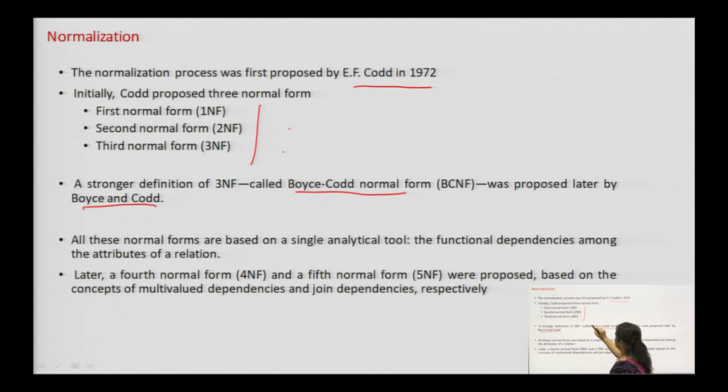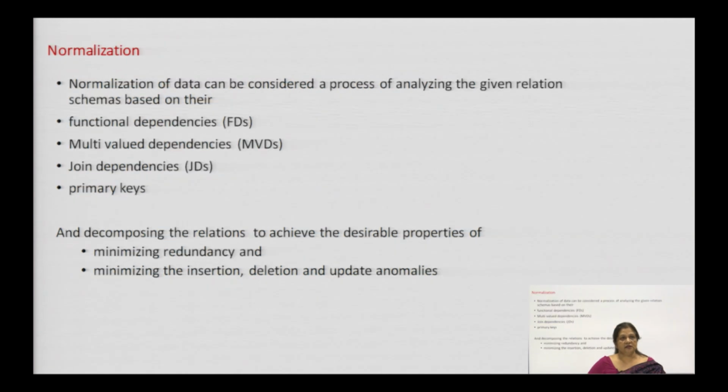The second, third and the Boyce-Codd normal form are based on an analytical tool which is called a functional dependency. After that, two more normal forms, the fourth normal form based on multi-valued dependencies and the fifth normal form based on join dependencies were introduced. And we will be studying all these normal forms in detail.